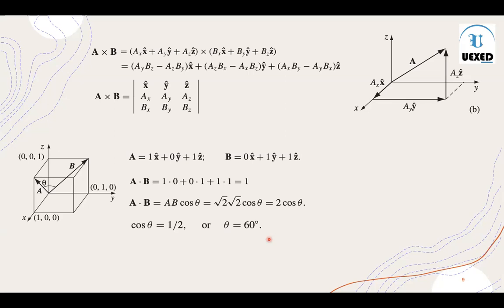Sir, is there any book recommendation from you? Yes, I told you, Griffiths and J.D. Jackson. These two books are going to be the basic books. What is the name of the book written by J.D. Jackson? These are very famous books. You just Google it, you will find. But for Griffiths, the name is Introduction to Electrodynamics, and J.D. Jackson is also something like electrodynamics.